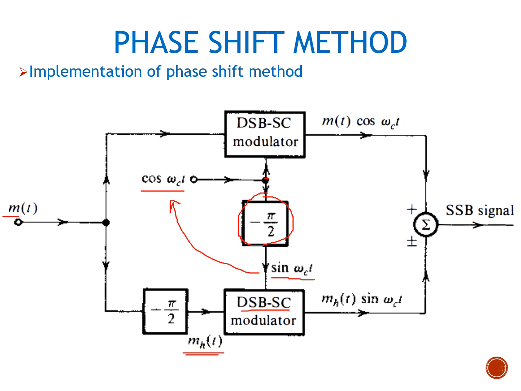So the inputs of this DSB-SC modulator are cos omega_c t and m(t), and the inputs of this DSB-SC modulator are the Hilbert transform of m(t), which is m_h(t), and sine omega_c t. At the output we obtain the amplitude modulated signals, which are the product of these inputs, and when we add or subtract them, we will get a single sideband modulated signal at the output. So this was the discussion on the phase shift method of generating a single sideband modulated signal.